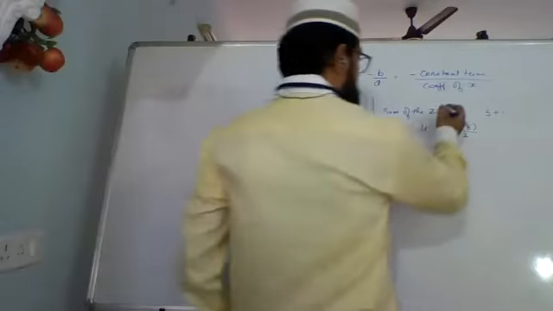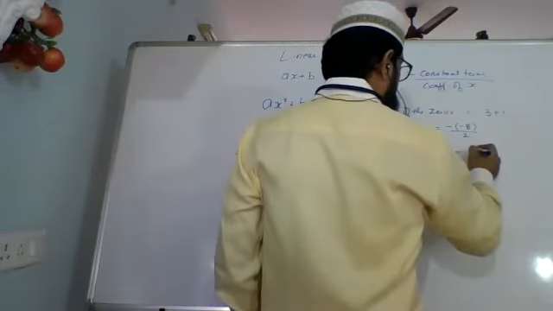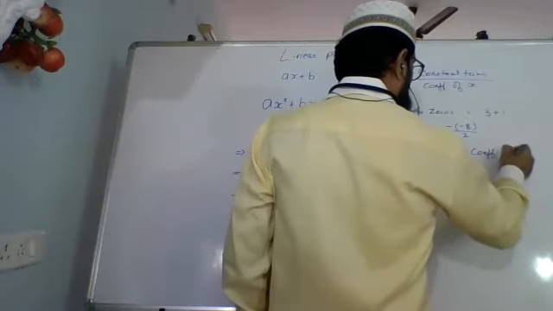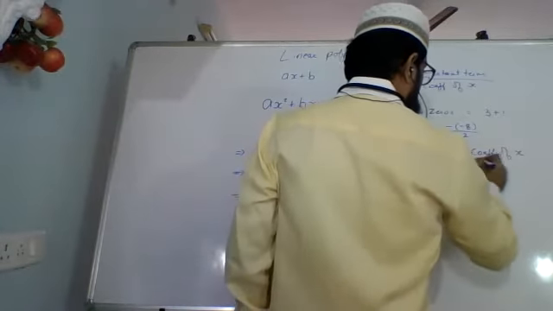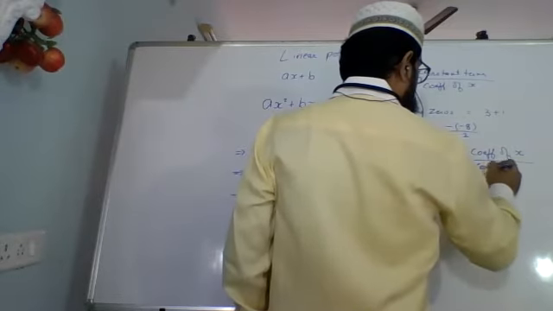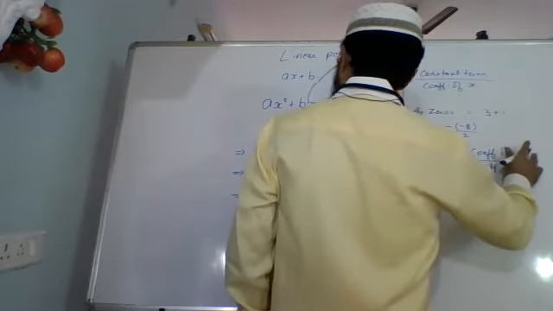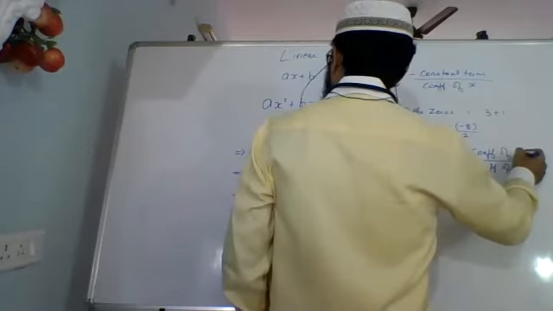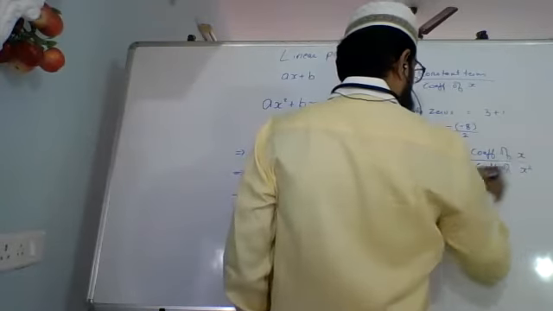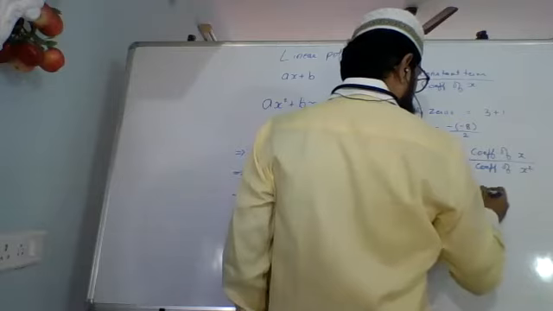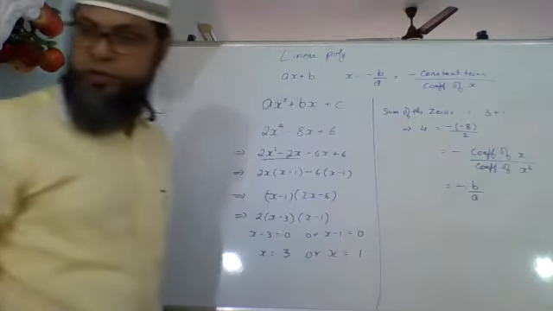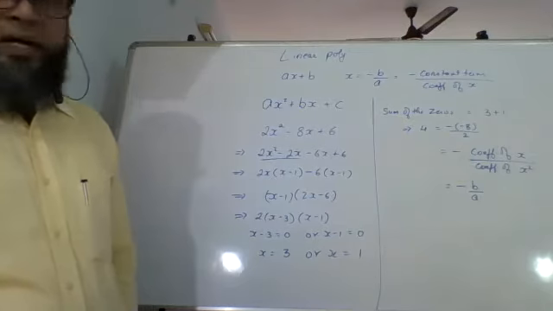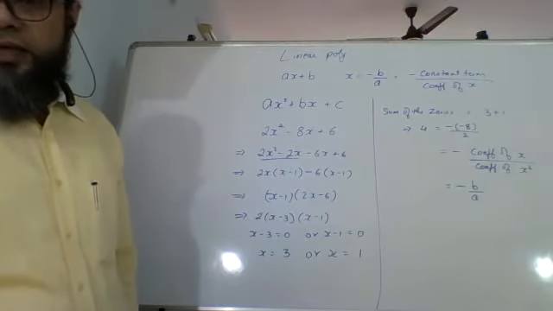So this tells me sum of the zeros is equal to minus coefficient of x upon coefficient of x square, which is nothing but minus b upon a.